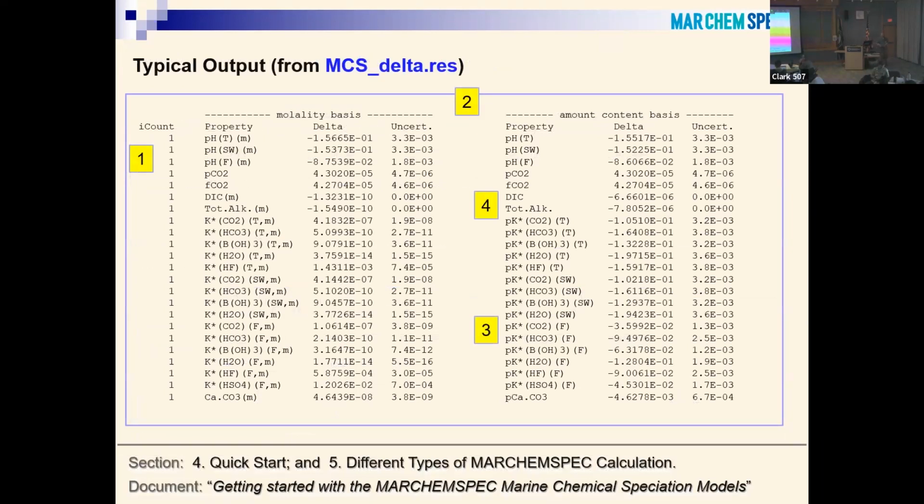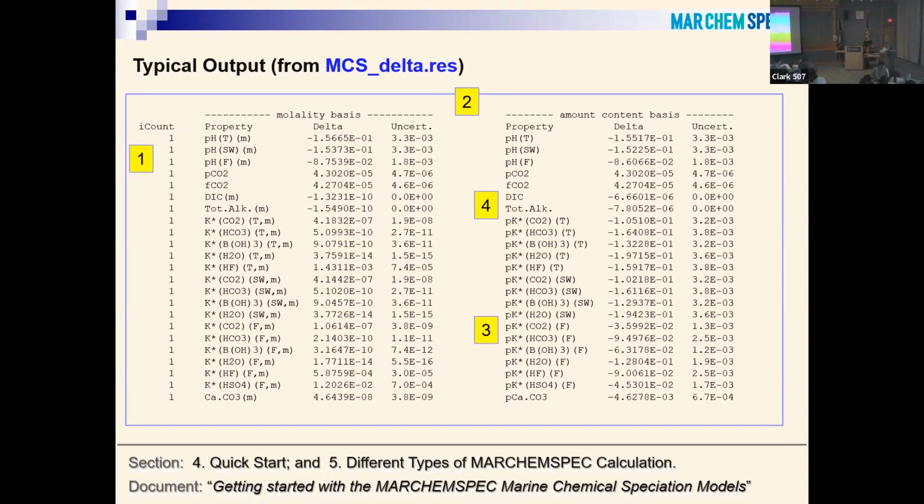So the only results file we really need to describe is the only one that's different from the MCS_C case, and this is the _delta.res file, which tells you the changes in all of these properties. Starting on the left here, I count is the problem number or the solution number, and all of these properties are for the first solution.